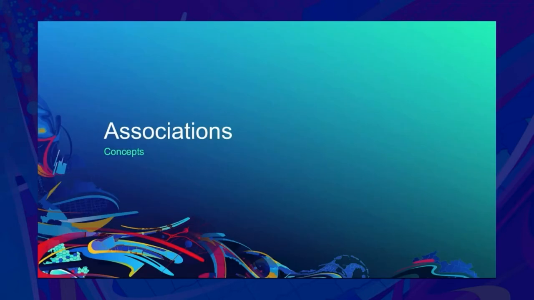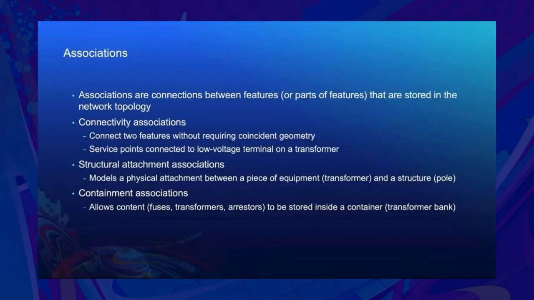And one of the concepts that is built on top of the schema is a concept of an association. So the associations are connections between features that are stored in the network topology. So we have 3 types: connectivity associations. A connectivity association allows 2 features to be connected without having coincident geometry between the 2 features.